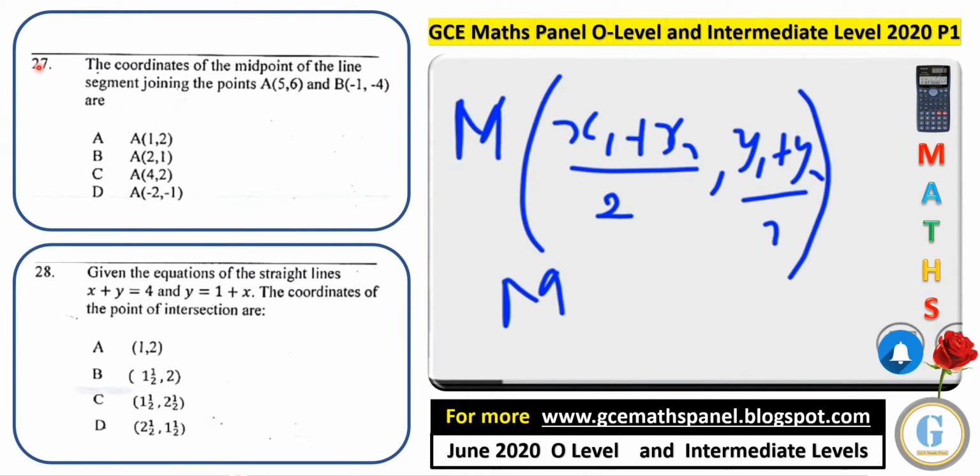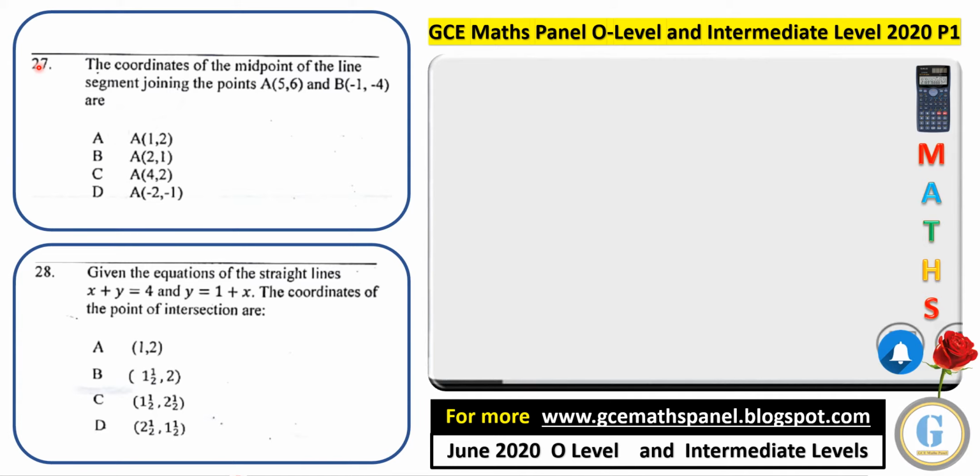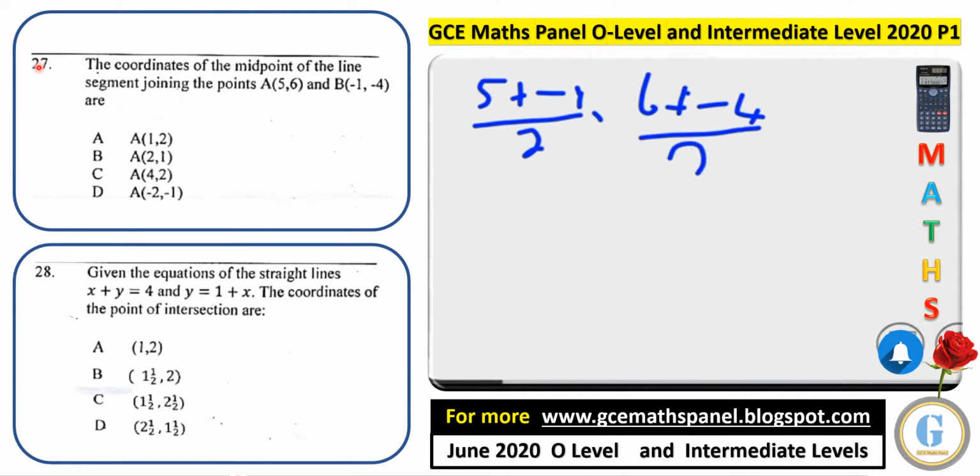When you simplify this, we have 5 plus minus 1 on 2, and then 6 plus minus 4 on 2.